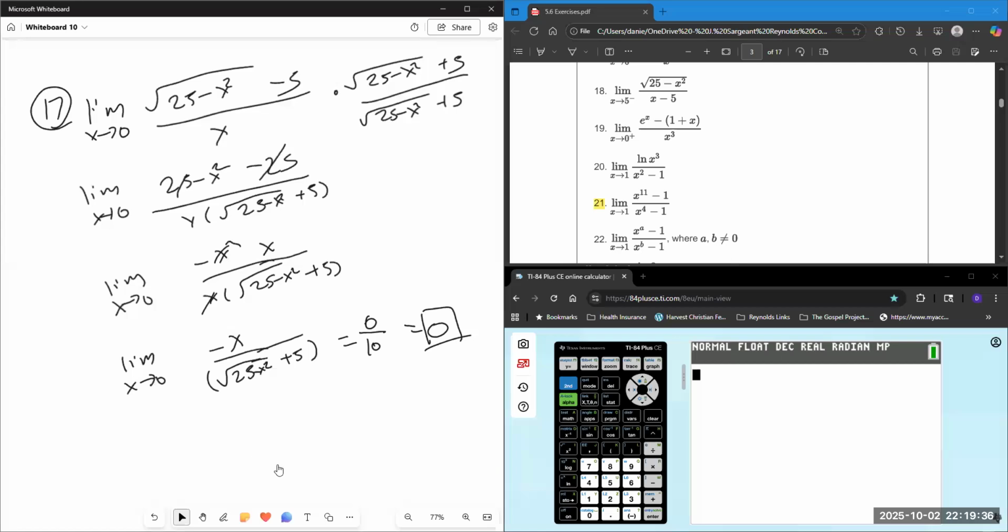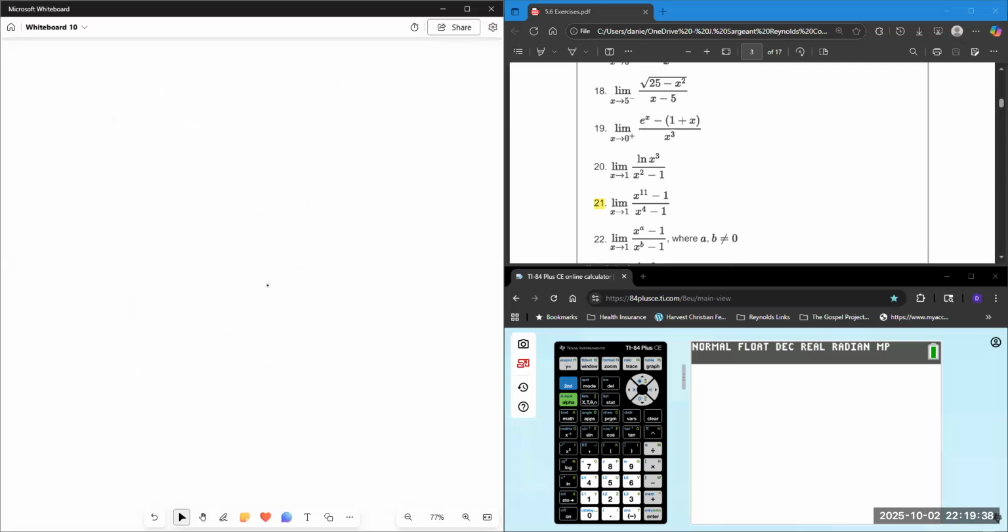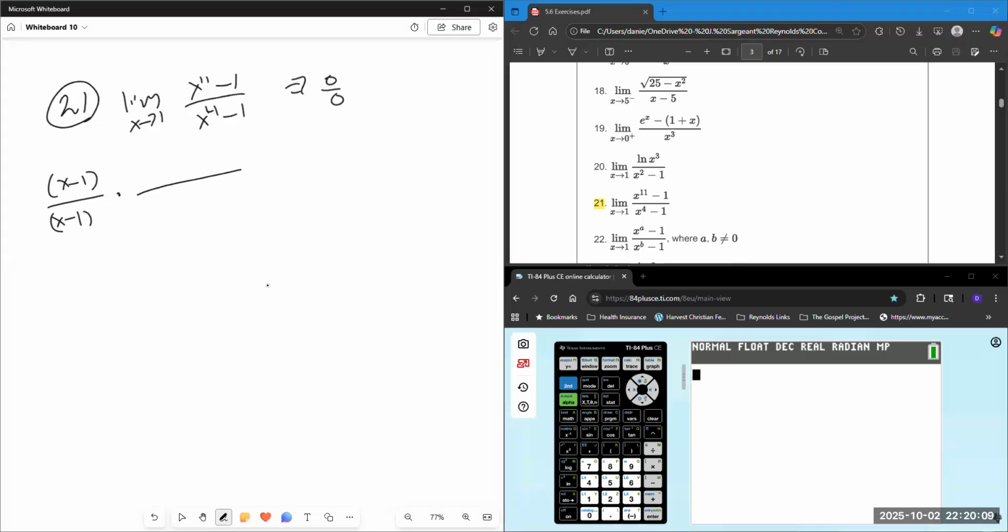Let's look now at number 21. Definitely doesn't need to have L'Hopital's rule. If I try direct substitution, this is going to 0 over 0. I know that that means in this case that there's a common factor of x minus 1 over x minus 1. I also have the limit as x goes to 1.